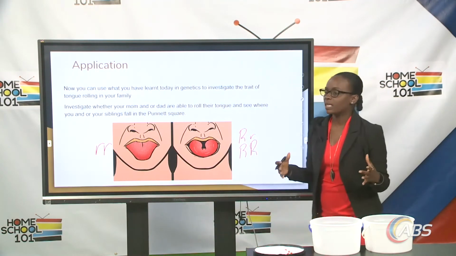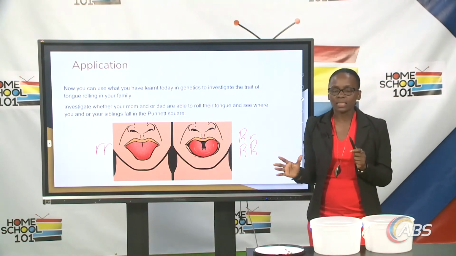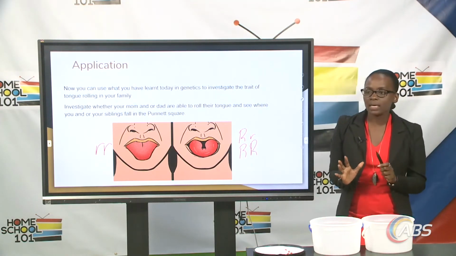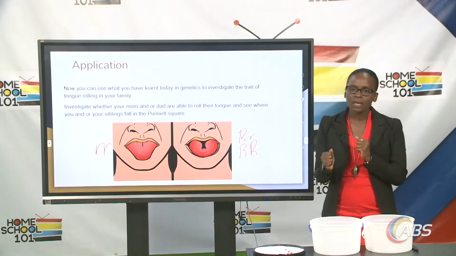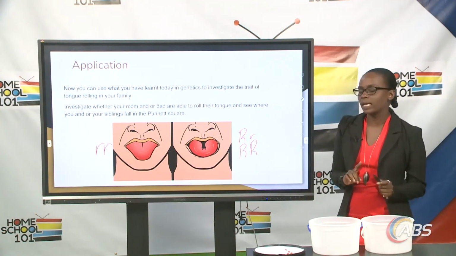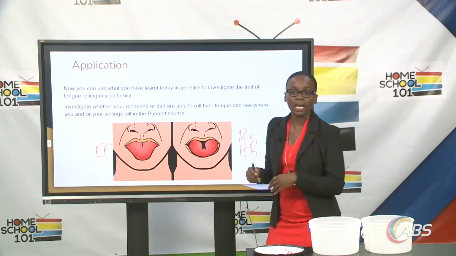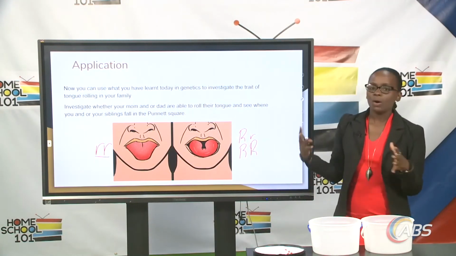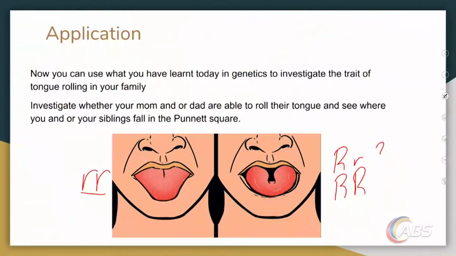So how can you investigate this in your family? Well, you go to your mom and you say, Mom, I am trying to apply genetics in my daily life so that I can really understand the concepts. And so you ask, Mom, can you show me if you can roll your tongue? And if she can't roll her tongue, then you know definitely that her genotype would be this one. And if you go to your dad and he says, oh, darling, I can roll my tongue, you know that his genotype would more than likely be either of these two. And how can you know which one your dad is possibly?